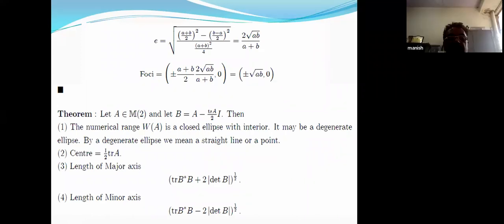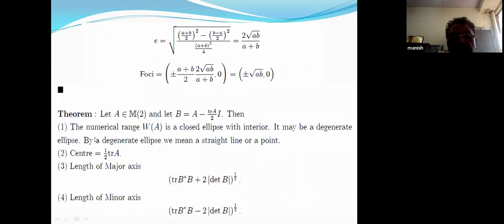Now we use this result to discuss our main theorem, the numerical range of a 2 by 2 matrix with arbitrary complex entries. A is a 2 by 2 matrix. We write B to be the matrix A minus (trace A)/2 times I. Then the numerical range is a closed ellipse with its interior.